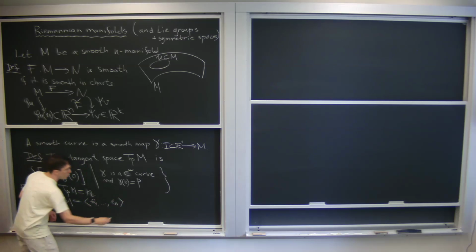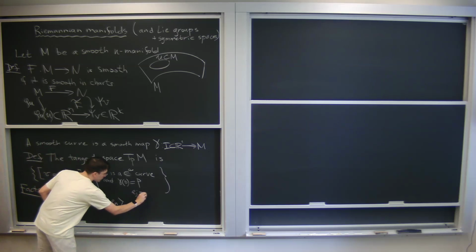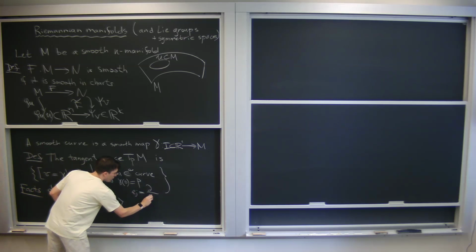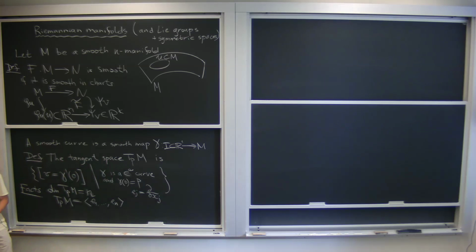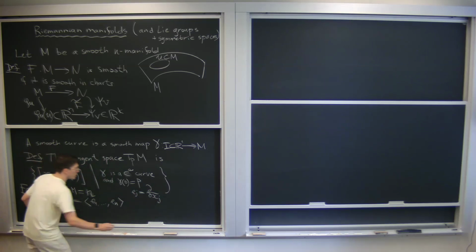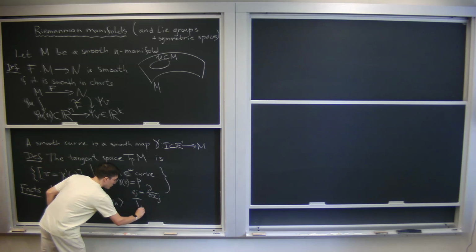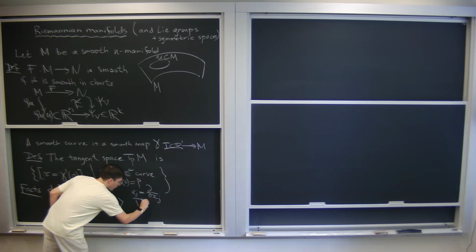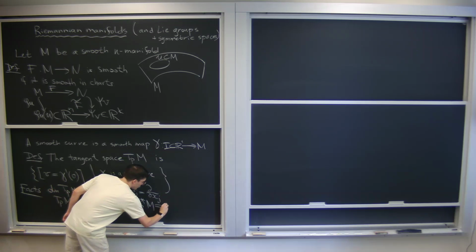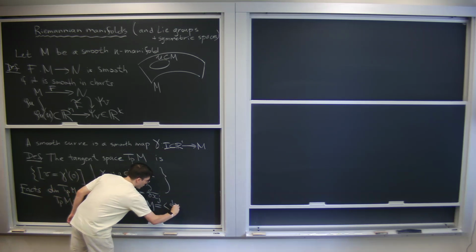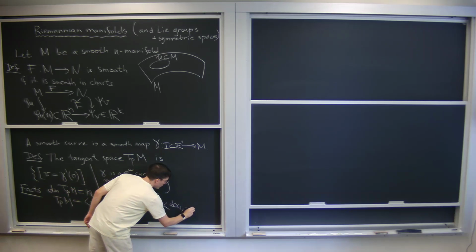Sometimes they are denoted as partial derivatives, but this is just notation. What is important for us is that the dual space TPM star is generated by differentials along the coordinates.